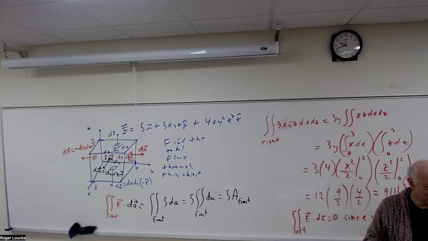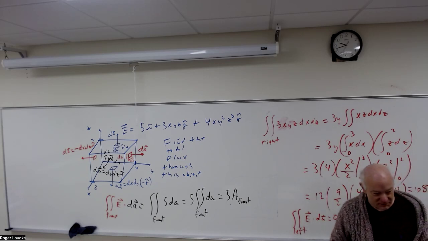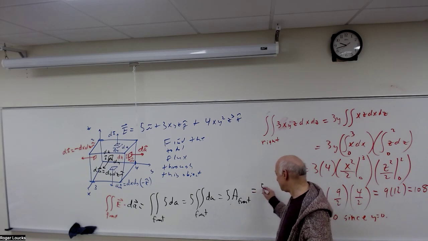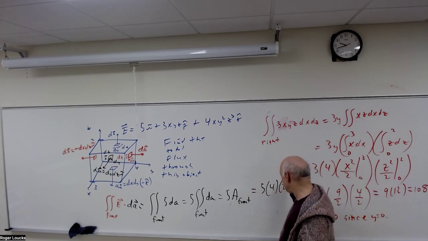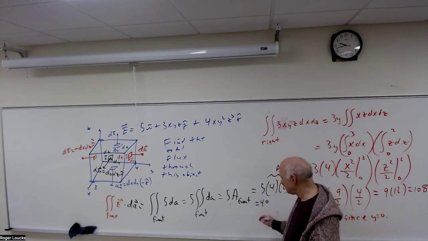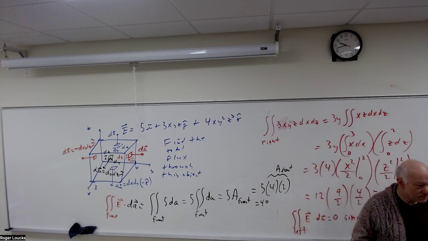No, 4 times 2. It's 4 times 2. This is the area. That's an 8, so this is going to be 40. That make sense?